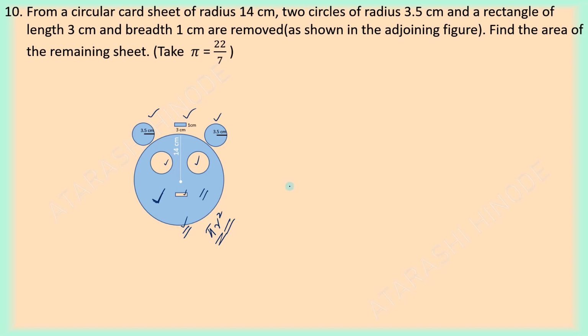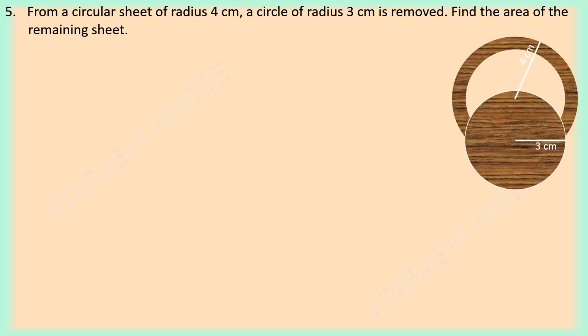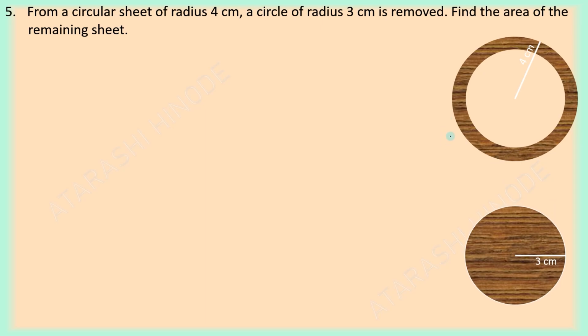This is a bit similar to the fifth question of this exercise. Do you remember that question? The question was, from a circular sheet of radius 4 cm, a circle of radius 3 cm is removed. Find the area of the remaining sheet. How had we found the area of the remaining sheet?